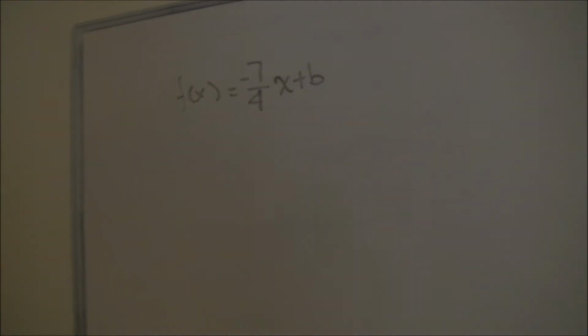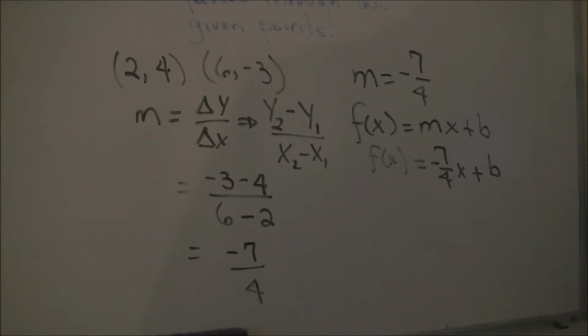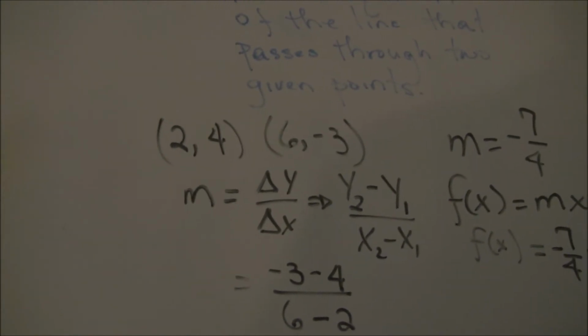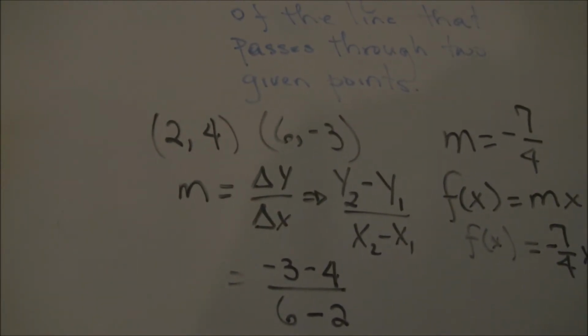However, we need some information in order to find what b is. So, in order to do so, let's go back to our points given right here. As you can see, the 2 points given right here are 2, 4 and 6, negative 3.